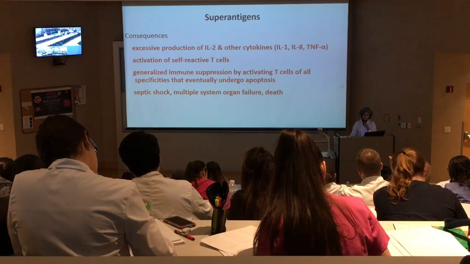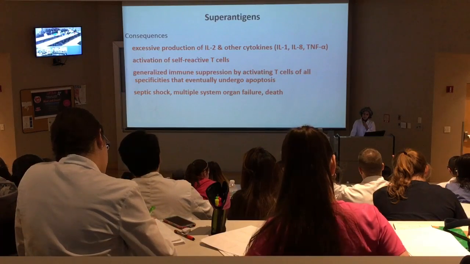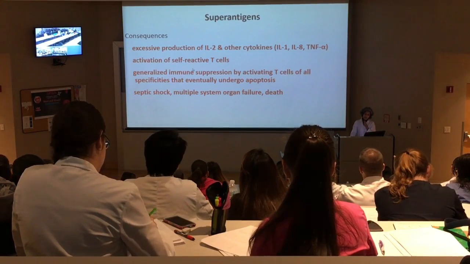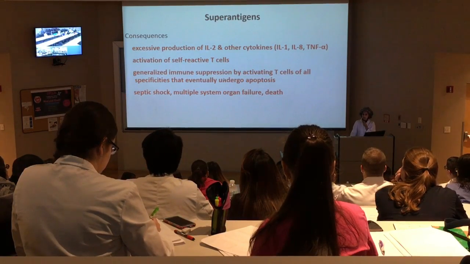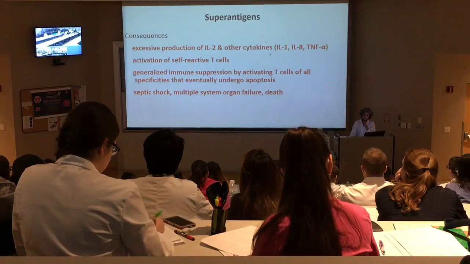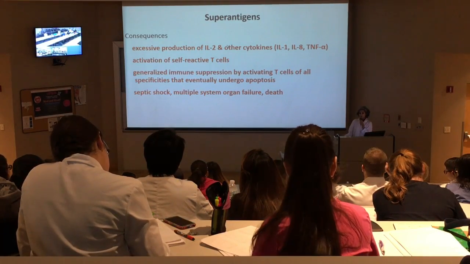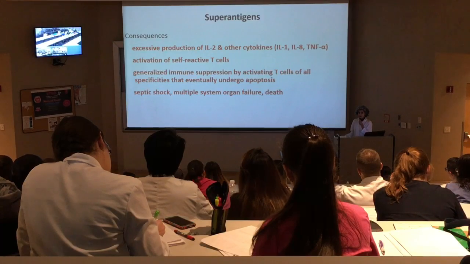This also activates your self-reactive T cells, and that is not something we want. When you see this over-exaggerated immune response, ultimately you see an immune suppression, because these activated T cells ultimately undergo apoptosis. That means programmed cell death. The body will get rid of them. They're going to die.